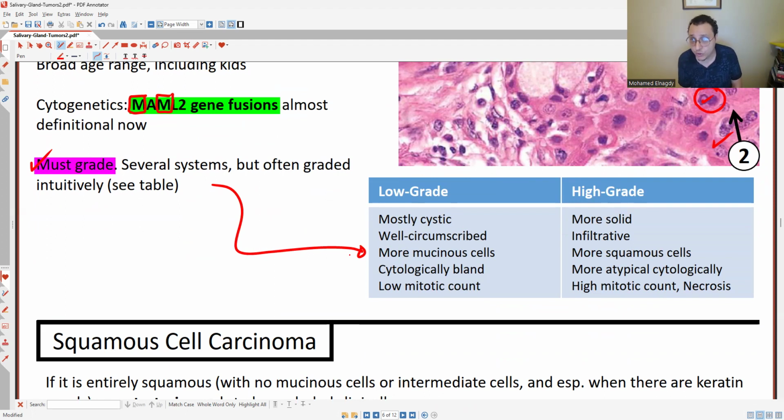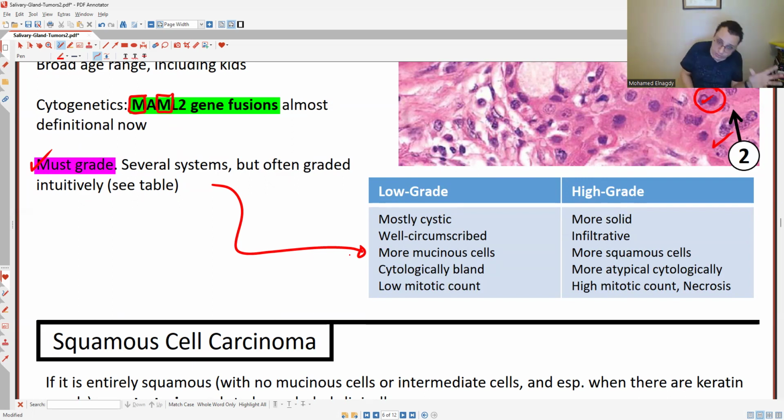It's not in the boards. In the boards, they won't ask you whether this tumor is low grade or high grade, because to know that, you need to have a full slide and look at different areas, see how cystic the tumor is, how solid the tumor is, whether the tumor is totally well circumscribed or does it infiltrate everywhere.